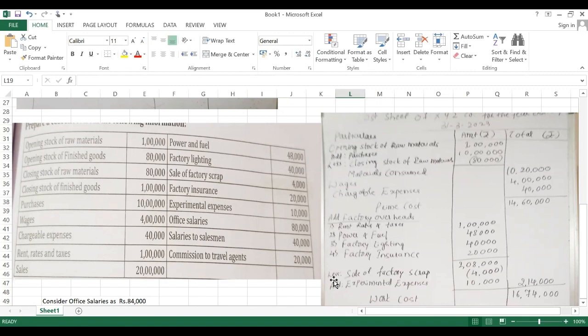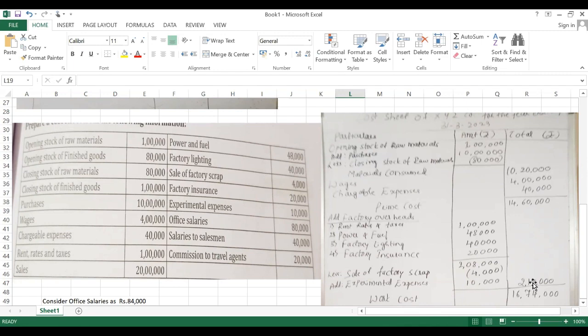As I told you, it's a kind of revenue, so you need to deduct it. Then experimental expenses. Experimental expenses can be considered as any development or research. It may be related to factory overhead, so we have to add it, again, as it is an expense. So total factory overhead, minus scrap, plus any experimental expenses.